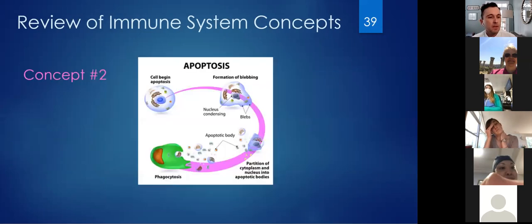Concept number 2, apoptosis. Remember that apoptosis is programmed cell death, and it's classically contrasted against necrosis, which is unprogrammed cell death.